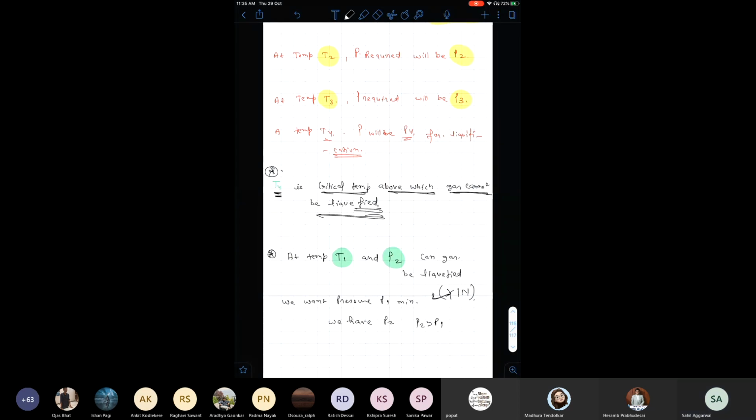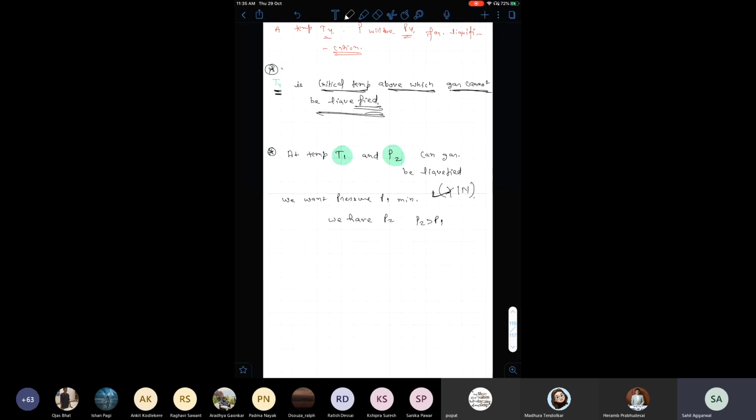Yes, sir. रिवर्स कर देते हैं. At temperature T2 and pressure P1, can gas be liquefied? Sir, as we have more pressure, it will easily be liquefied.